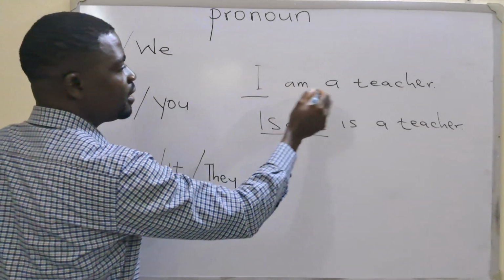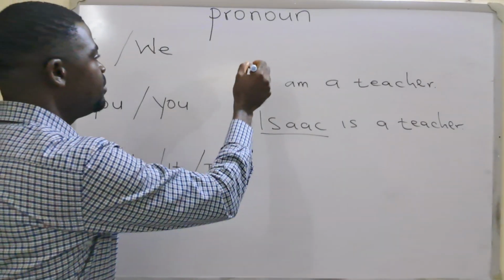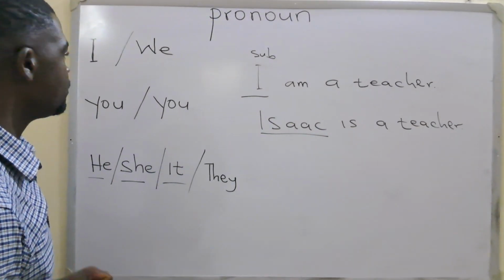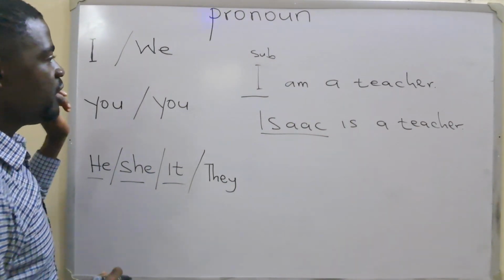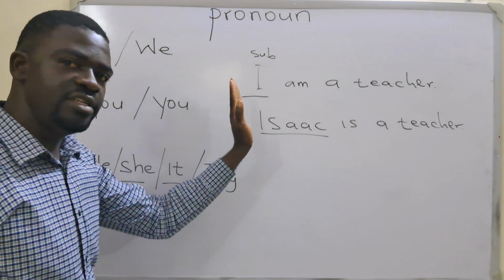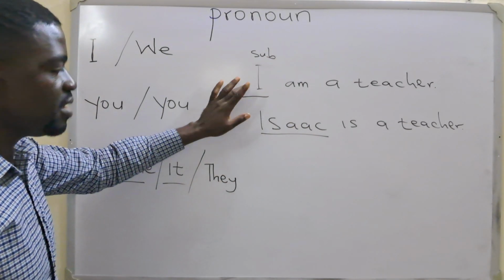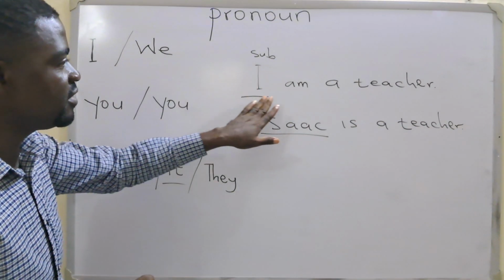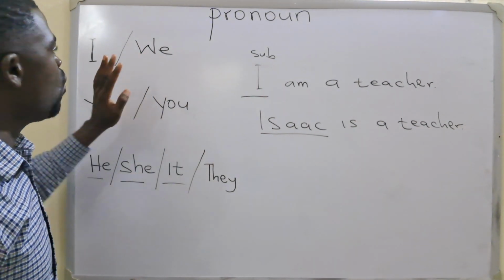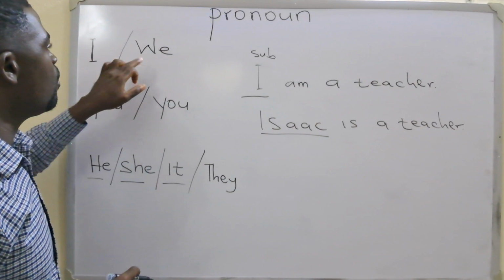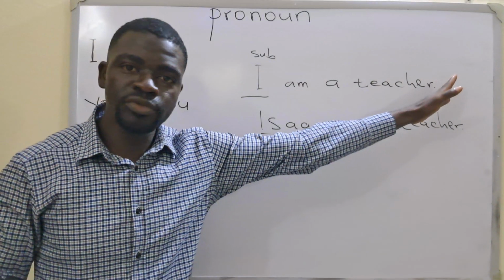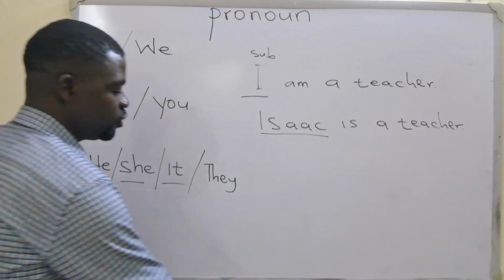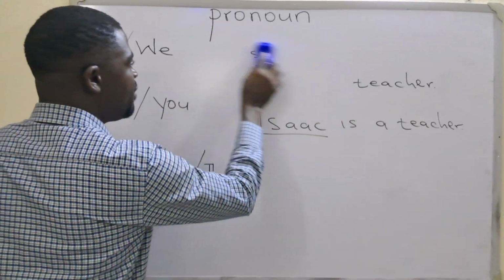So I am a teacher. This is the subject position of my sentence. So if I comes at the beginning of the sentence, it will stay this way. If we is coming at the beginning of the sentence, it will stay this way. But what if I or we goes to the object position of the sentence? Then it will change the form. The form will change to a different thing.